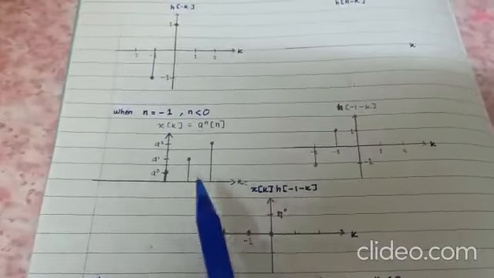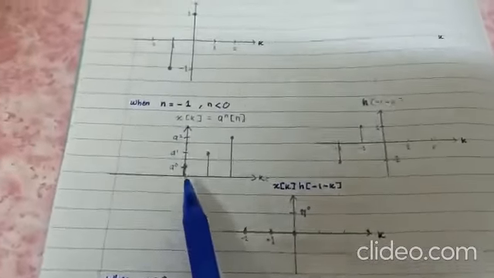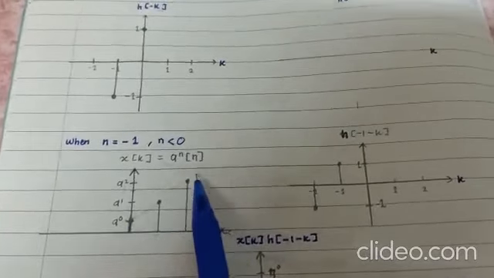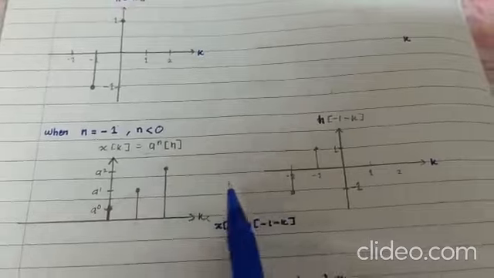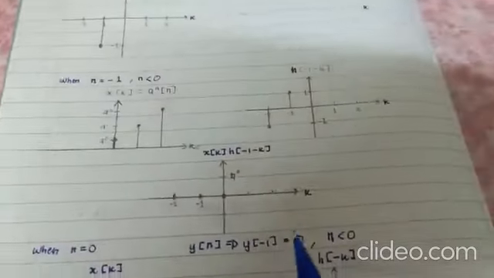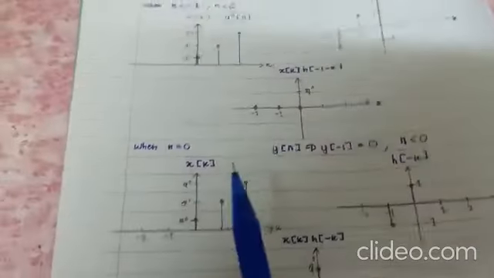When we multiply both of these, we will get 0, because xk only has value from 0 to the positive side. So we get 0 for n less than 0.